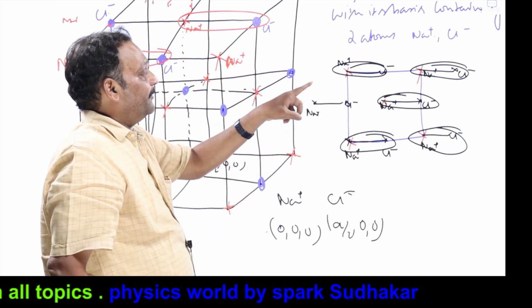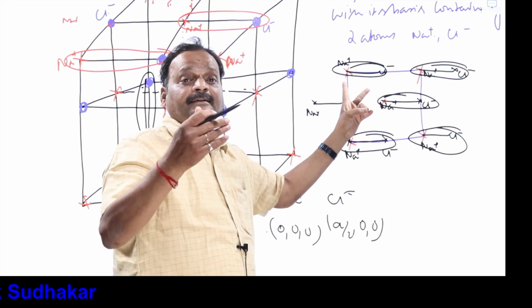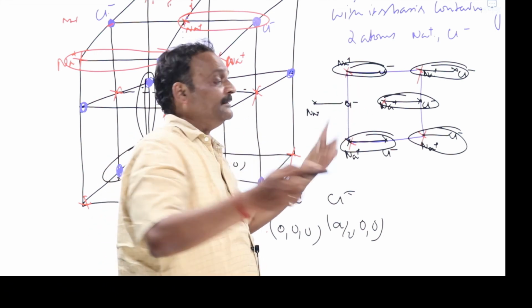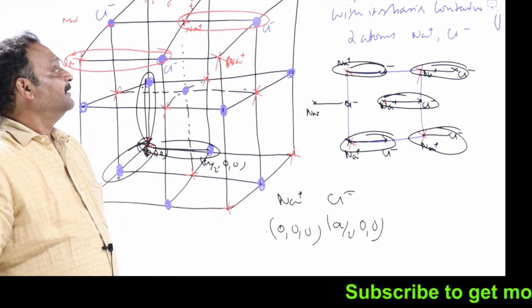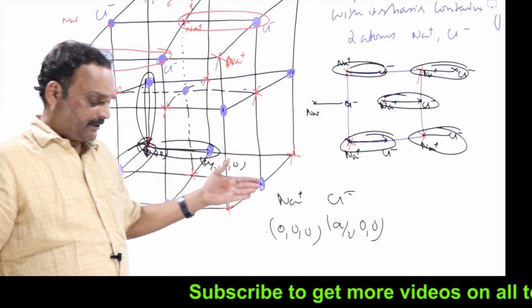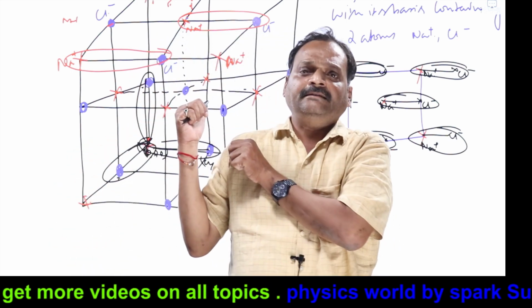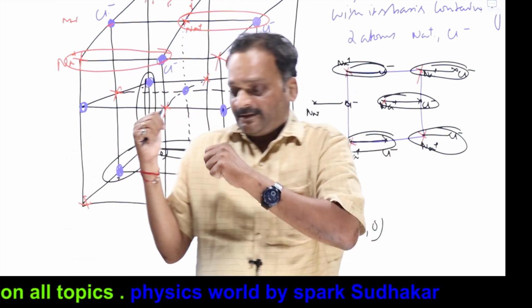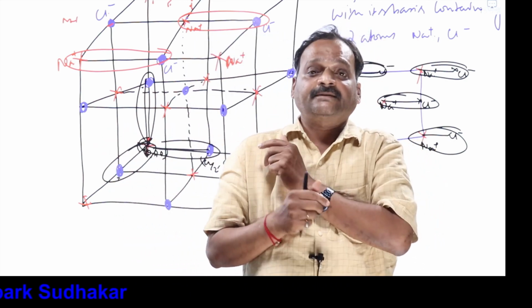At each lattice point, I have to replace each lattice point with two atoms, one Na plus and one Cl minus, linearly separated by a distance of A by 2. This is the structure of NaCl, the most common thing. Wherever you go, NaCl means the structure will be like this only. So these are two simple two atom basis structures.